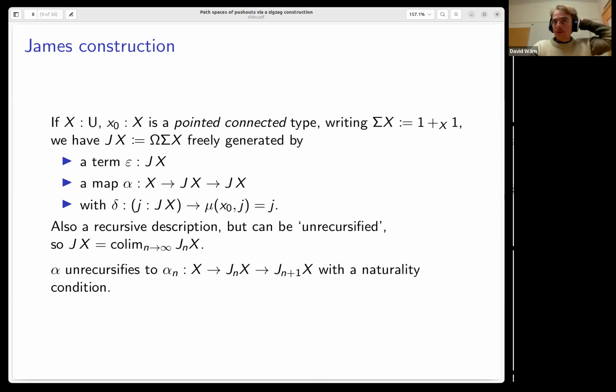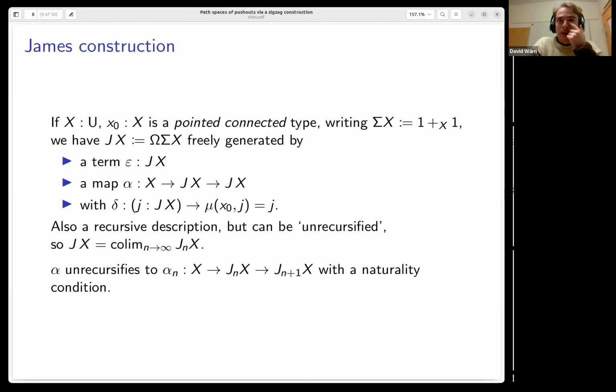This will not be exactly important for the construction later, just to give some motivation or to set the background. So the premise of the James construction is that you have some pointed connected type X pointed by x0, and then you take the suspension, which is some particular kind of pushout, and the James construction describes the loop space of the suspension.